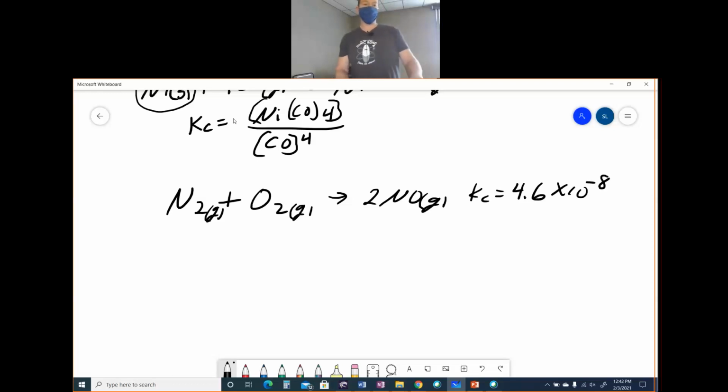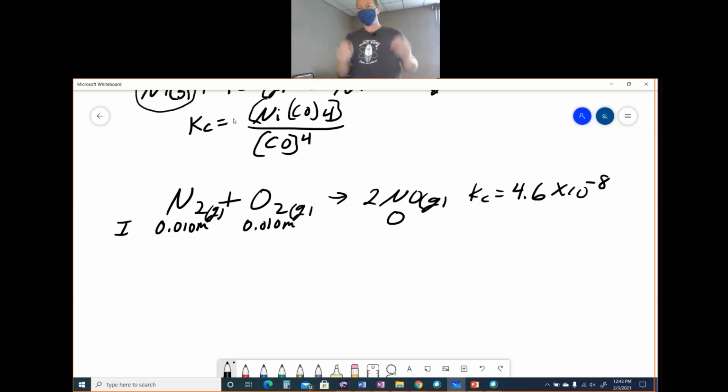All right, and we're going to start with 0.010 molar and 0.010 molar, and we're not going to put any of the product in there. We're going to do examples where we have all three of them, and we're going to have to decide which way the reaction goes.